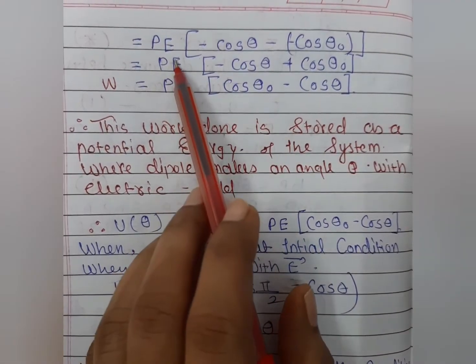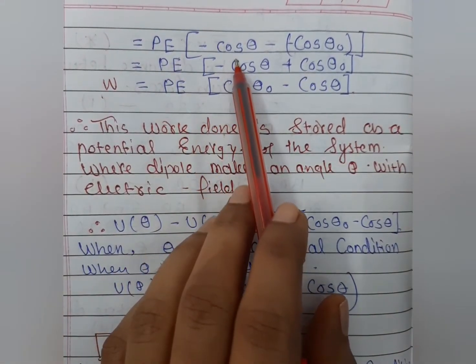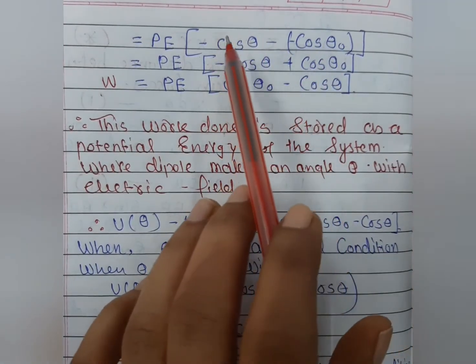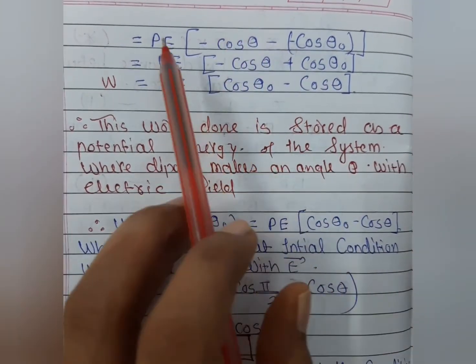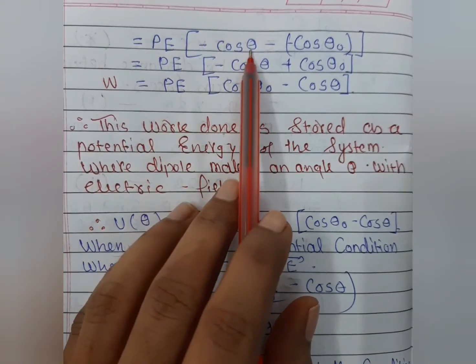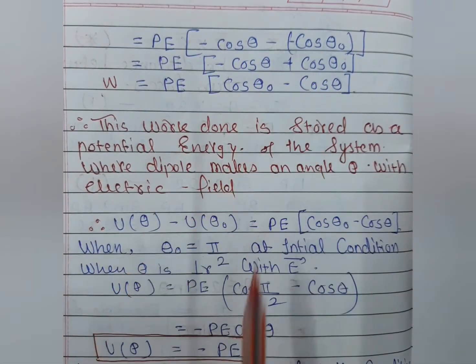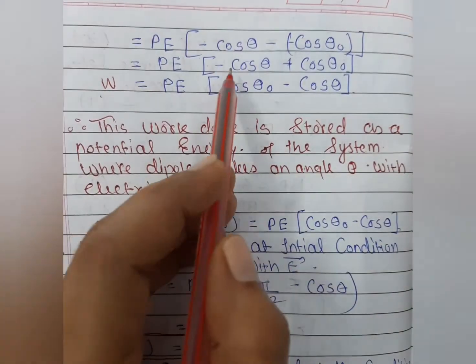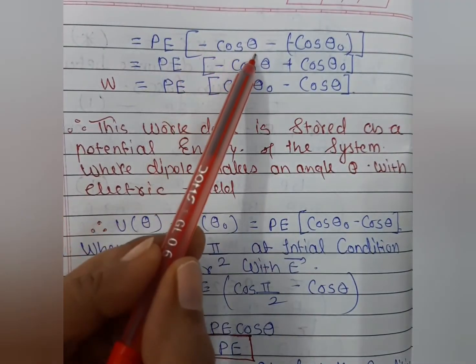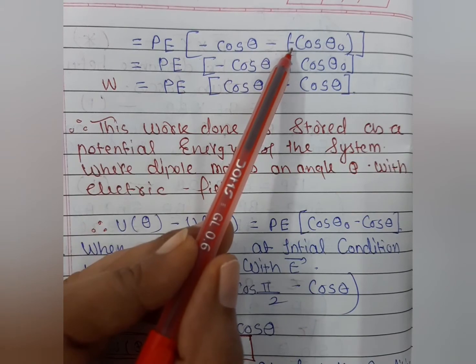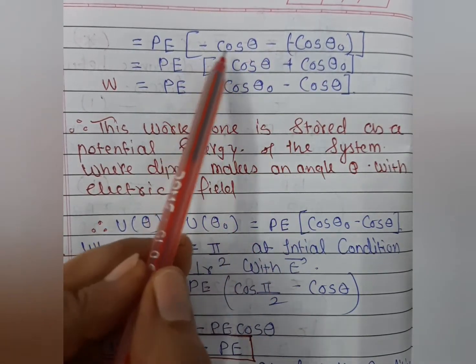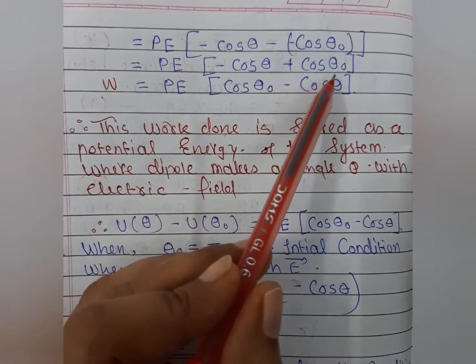So here PE into minus cos theta minus of minus cos theta naught. Here, students, we substituted the integration values, that is upper limit minus lower limit. You know it very well in mathematics, students. So the upper limit is theta, and minus of the lower limit theta naught, and minus minus becomes plus, so minus cos theta plus cos theta naught.